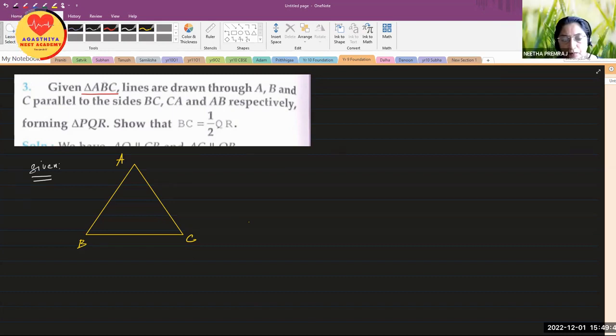Now they are saying you have to draw a line which is parallel. See how you have to understand the sum properly. Lines are drawn through A, B and C parallel to the sides BC, CA, AB. Through A parallel to BC. How do you draw?